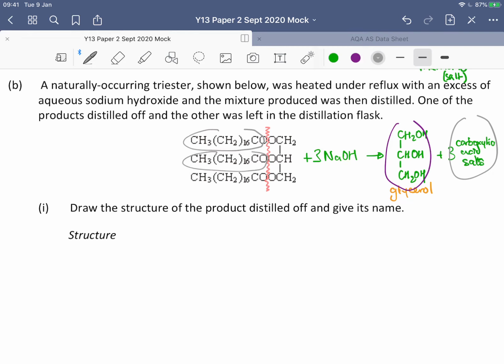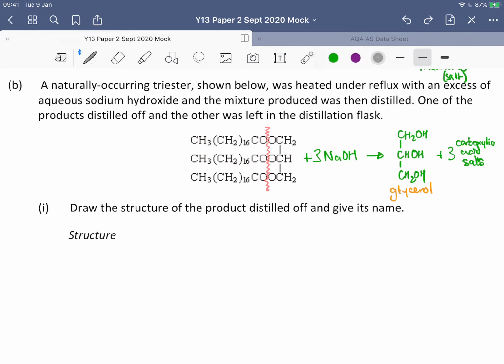They are massive. Look at that. They've got 18 carbons, whereas glycerol only has 3. A big factor in boiling point is size of molecule. I know there are other things like intermolecular forces. Glycerol will have hydrogen bonding, but there is a significant difference in size here. And so the thing that's going to get distilled off is going to be the glycerol rather than the carboxylic acid salts.